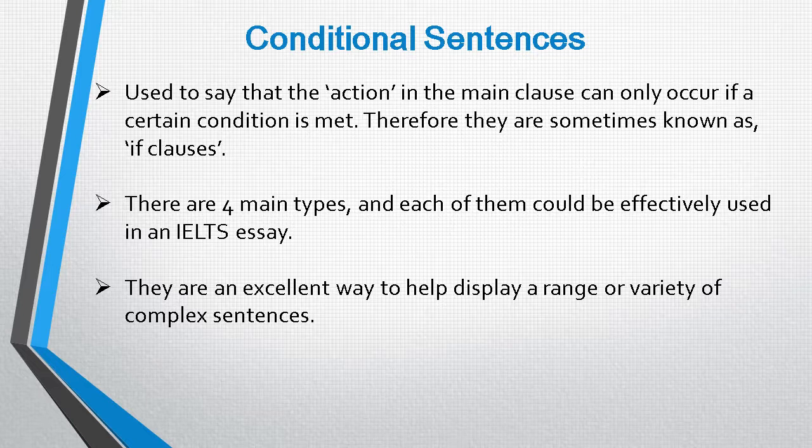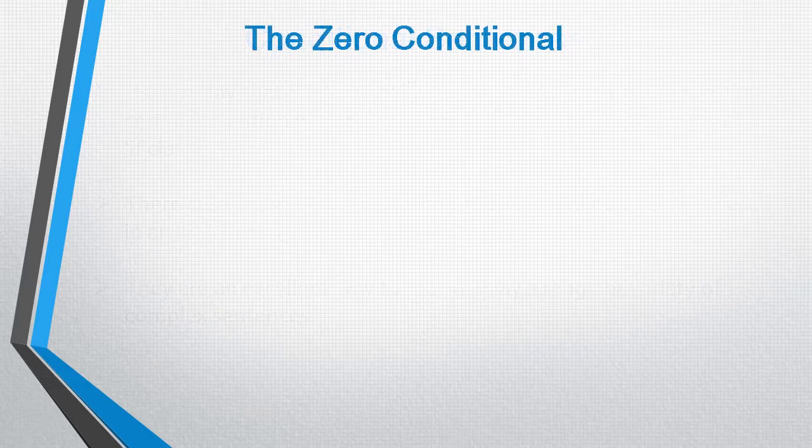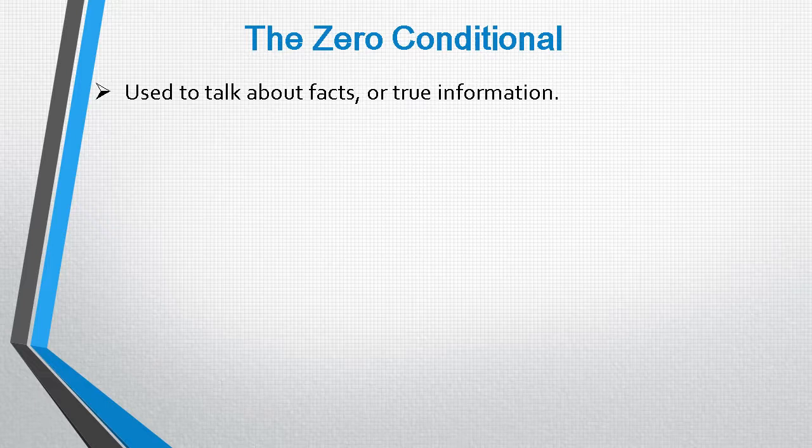So we're going to go through each one in turn, and I'm going to be showing you a lot of real examples of how to use these in body paragraphs. First, we have the zero conditional, and this is used to talk about facts and true information.